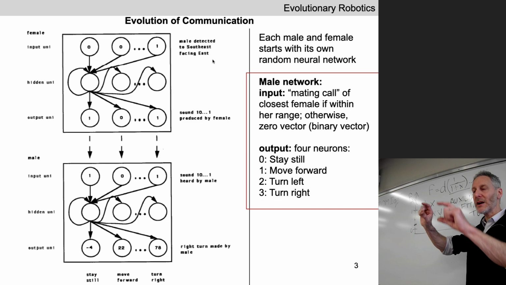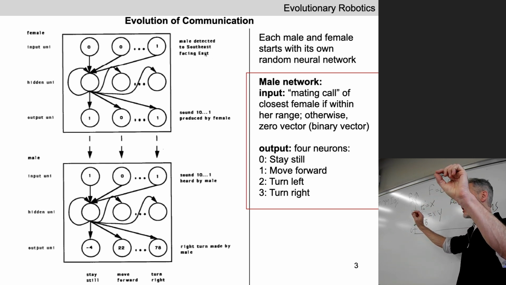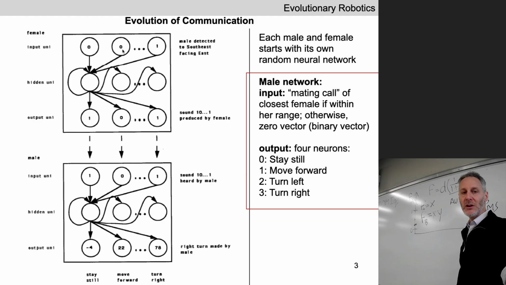We won't talk about it, but this information gets boiled down into a binary vector, and those binary values are plugged into her input layer. If there are no males in her visual range, all of her input neurons are set to 0. So far, so good? Okay, so we have binary values, not unlike what probably most of you have in your code base at the moment.